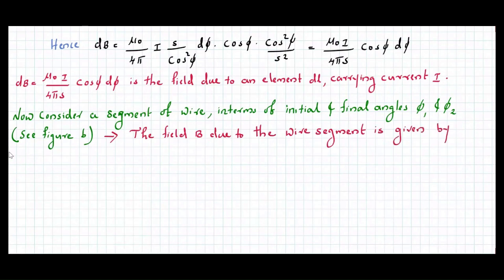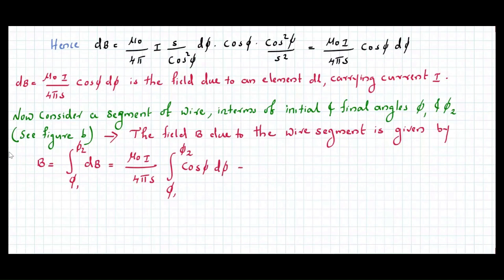B is equal to the integral from phi1 to phi2 of mu 0 I by 4 pi s cos phi d phi. Here mu 0 I by 4 pi s is a constant, so you can take it outside the integral. Therefore, B is equal to mu 0 I by 4 pi s times the integral from phi1 to phi2 of cos phi d phi.